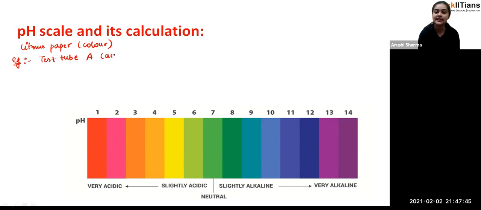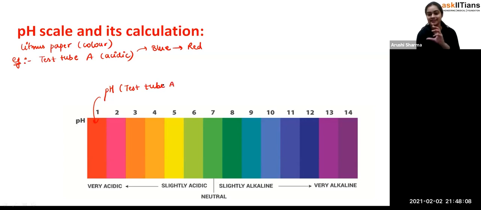For example, we can say that test tube A is acidic in nature. If it is acidic, students, and you add blue litmus paper into it, it will definitely turn red. And if that red color of the litmus paper matches with this red, you will find that the pH of the solution present in test tube A is 1.